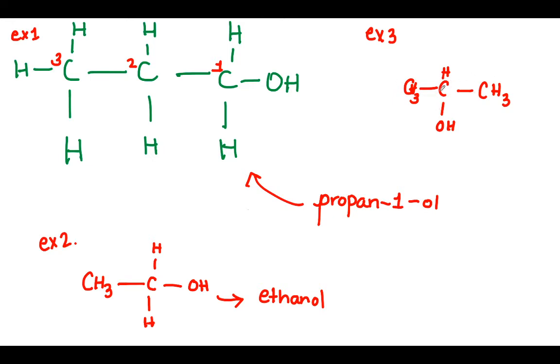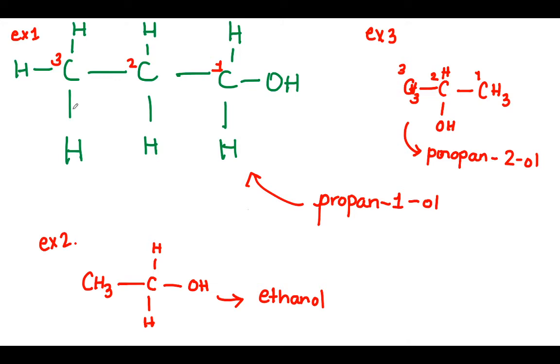I can't make this carbon number 1 because then I can't use that as my longest continuous carbon chain. I want the 3 carbons to be my longest. The lowest possible number that I could give it is the 2. So in this case, this would be propan-2-ol.